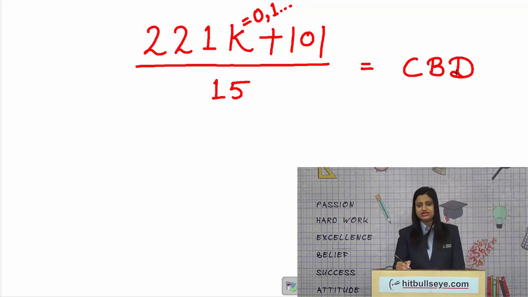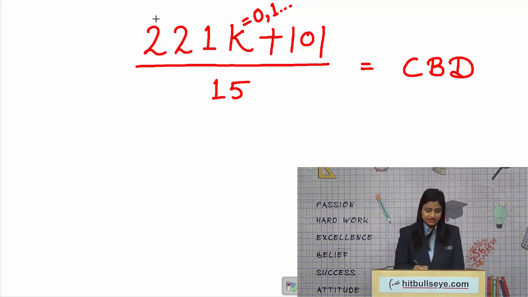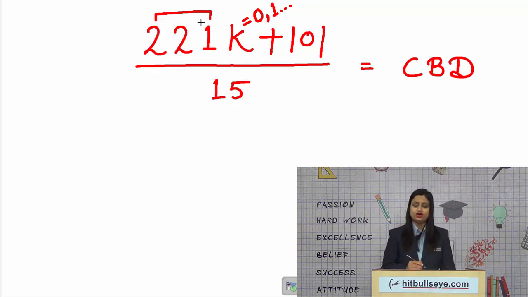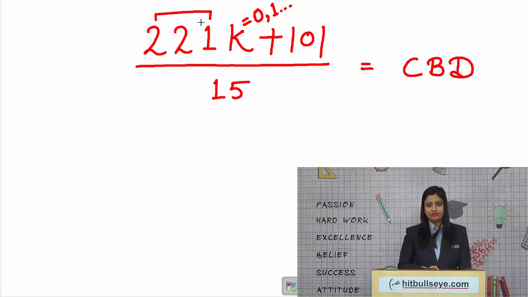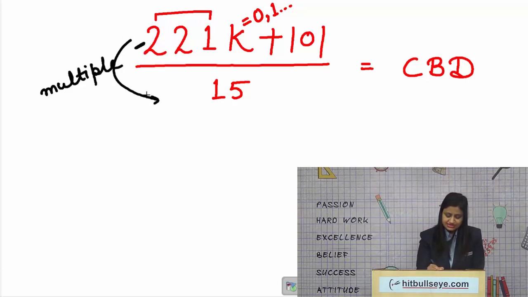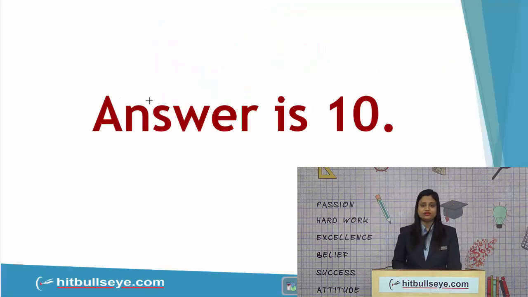We cannot simply say that 101 when divided by 15, remainder is 11. No, this is not so. Because here the first term, which is a multiple of 221, is not a multiple of 15, which was the divisor. That's why we can answer these type of questions only if this term is a multiple of the divisor. So answer was 10 for the previous question.